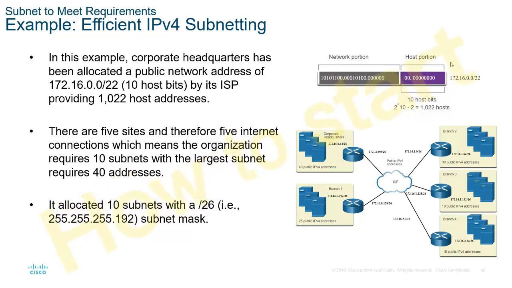Problem with the /26 is, does that give us the addresses that we need? And we already know it won't. If we have a /26, we're getting less than 30 hosts per network. So it kind of just depends on how many hosts we are trying to get.